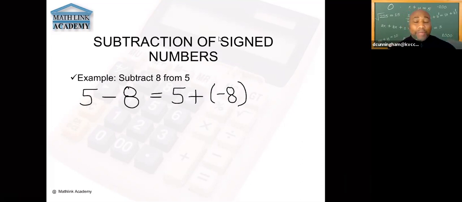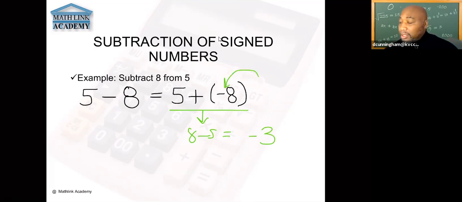Over here, I'm going to write in a different color so you can see what I'm talking about. If we go from this direction, we're just saying 8 minus 5, and that will give us a 3. But looking at the sign, since 8 is greater, this will give us a negative 3. That's going back to our procedure, the way we were taught using addition.